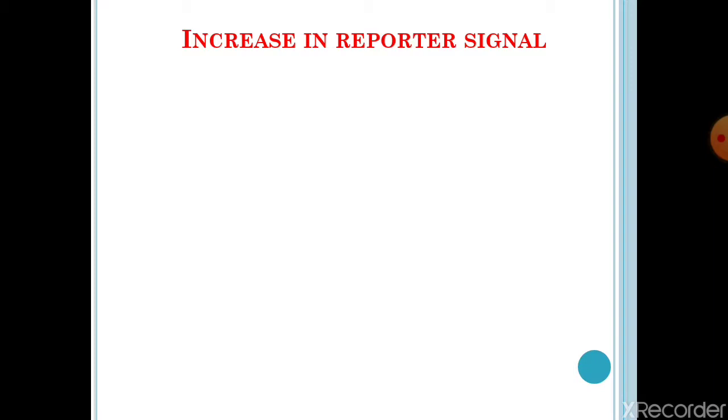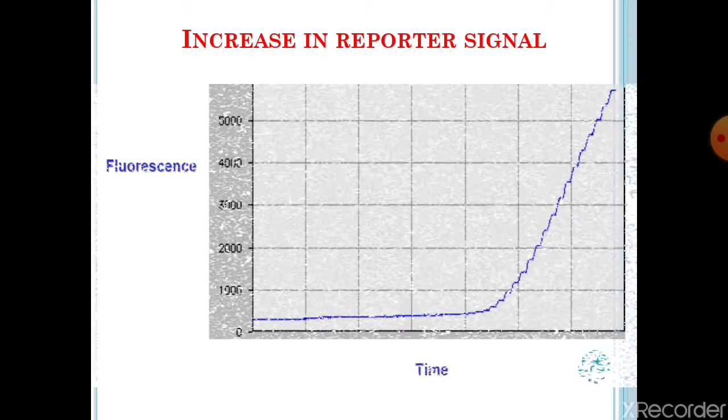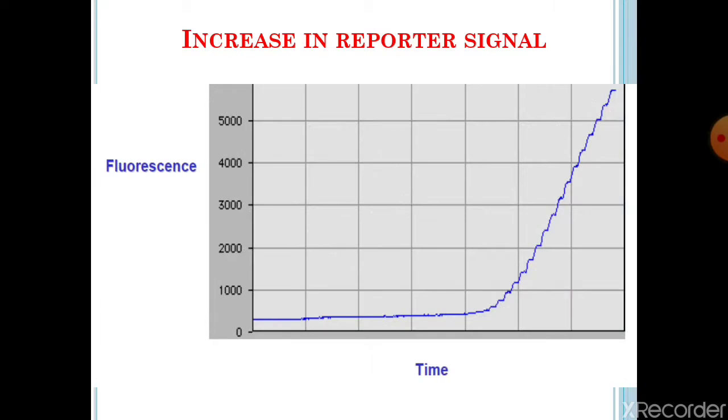Now, how is this increase in the reporter signal achieved? Let us understand by this graph. The increase in the reporter signal is captured by the sequence detection instrument and displayed by the software. Now, this figure which I have shown here is a graph between time versus emission of fluorescence.